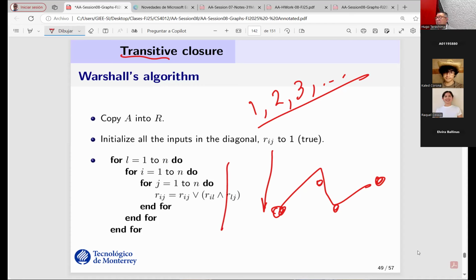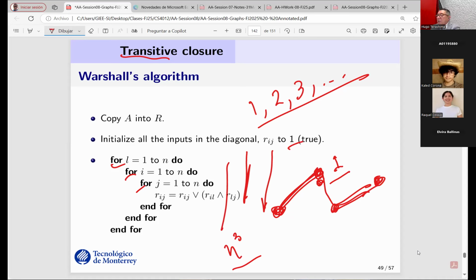And the algorithm has three loops, so it is going to be cubic complexity. So this is what it's doing here, finding partial paths from here to here, and then from here to here, and then putting the things together and saying, okay, if this is happening, then this is going to be one in my matrix in that particular cell.